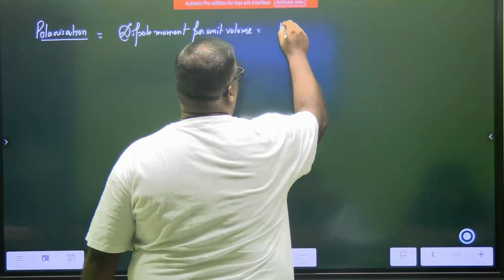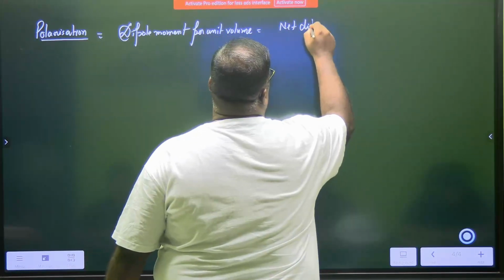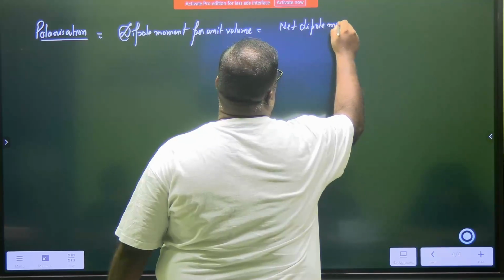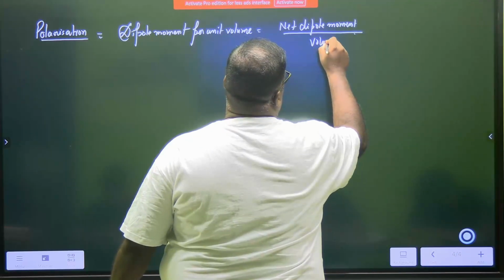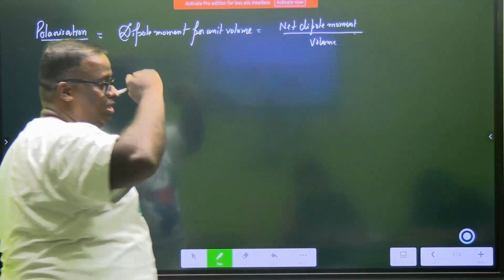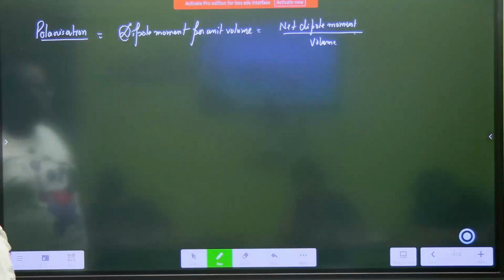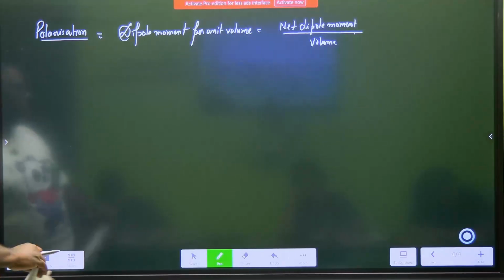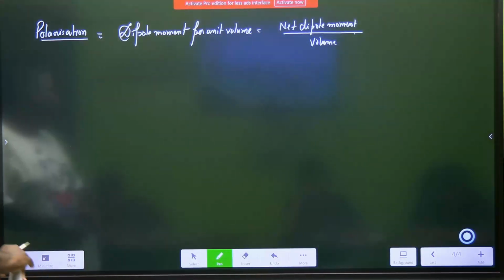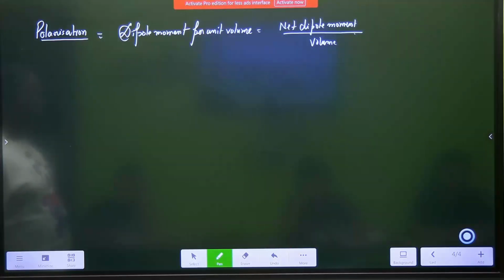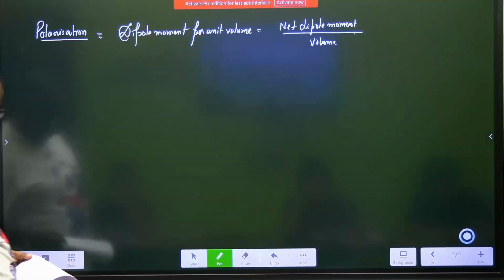That is, net dipole moment divided by volume. This is polarization. Just think of it like civics. How many people you could polarize divided by the population you are trying to polarize. Net dipole moment per unit volume.